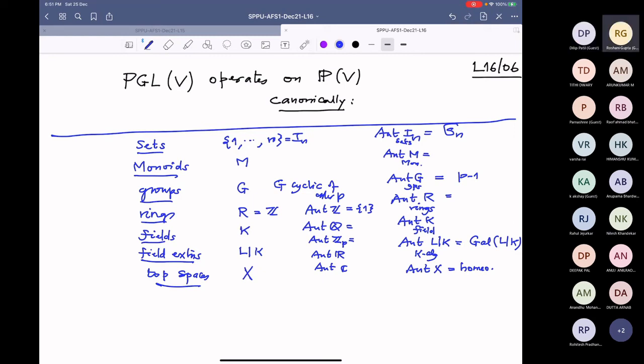Q star, Q cross? It's not true. Or identity, sir. Yes, very good. Automorphism group of R is again identity.